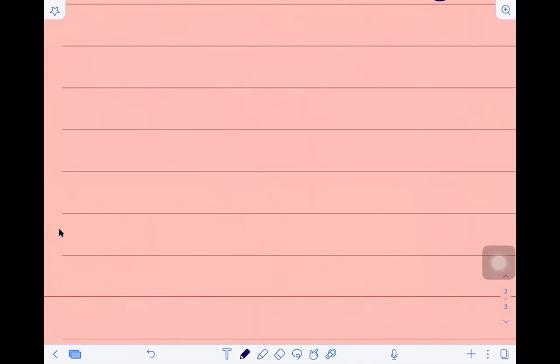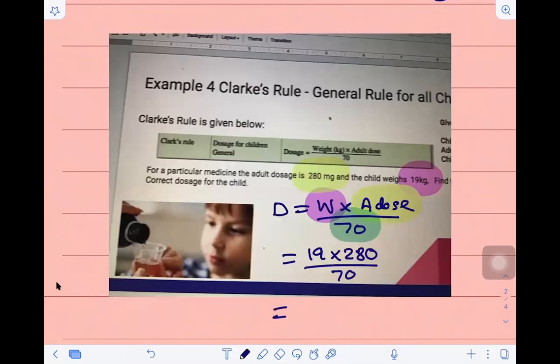The weight of the child is 19 kilograms, so that's what's going to go in place of the W. The adult dose is 2 milligrams. Then you put it all over the 70, which is just there. When you figure that out, you end up with 76 milligrams as your answer.